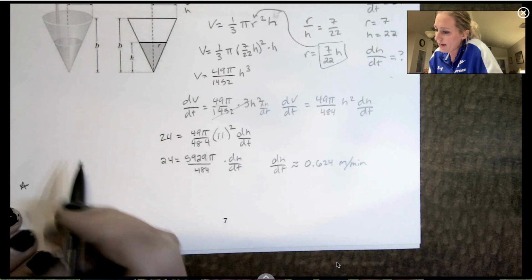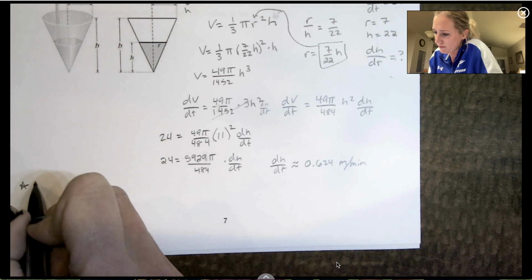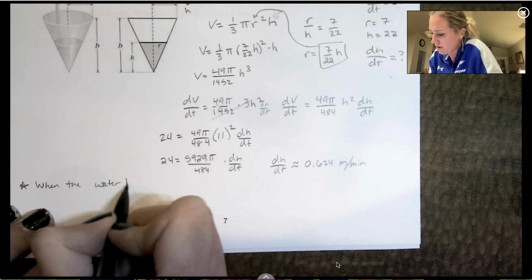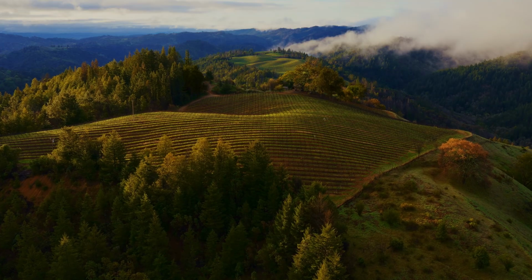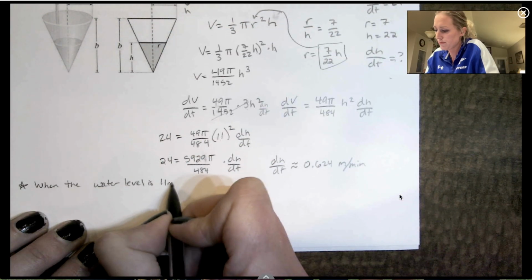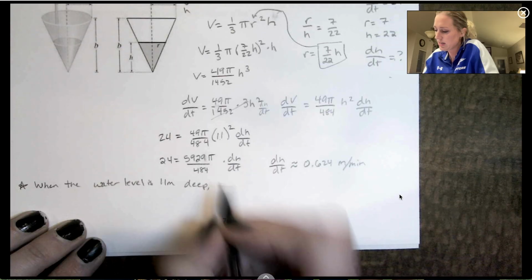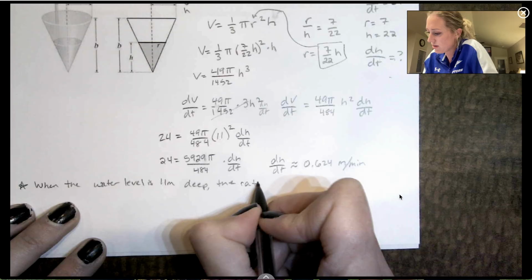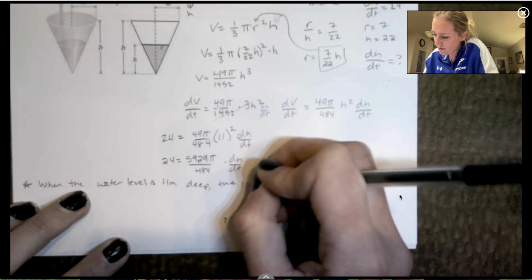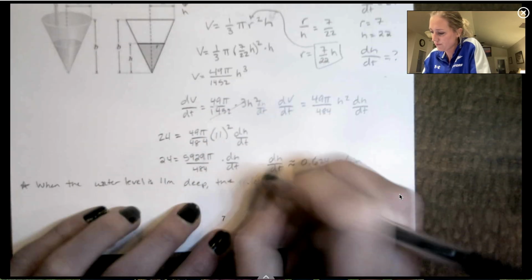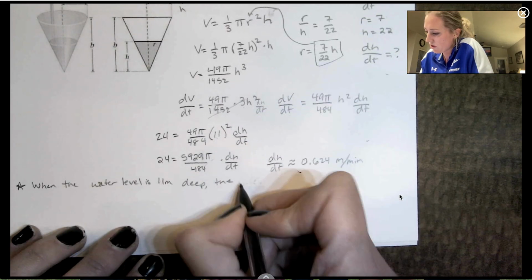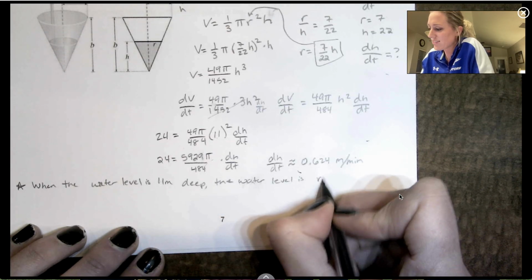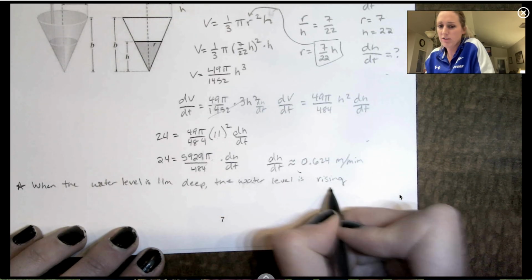Okay, I'm going to add a sentence here. When the water level is 11 meters deep, so that's our instant, the water level is rising, and again it's positive, rising, those kind of correlate.